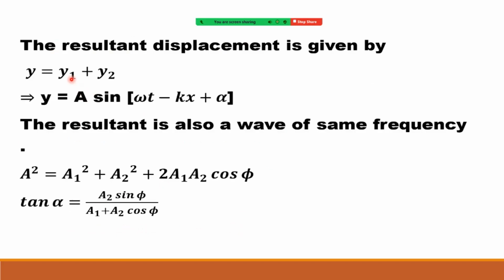And the resultant of those two is y1 plus y2. This is according to the principle of superposition. Then finally we get y equal to A sin(omega t minus kx plus alpha).